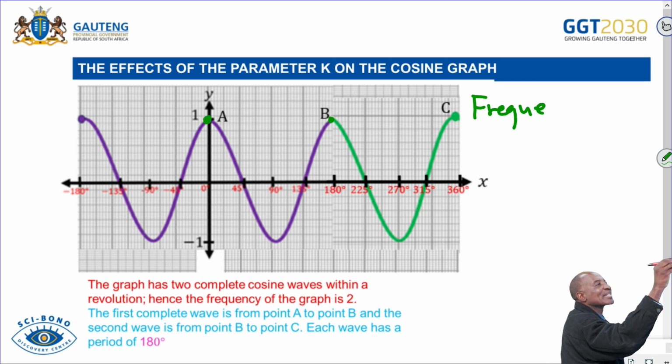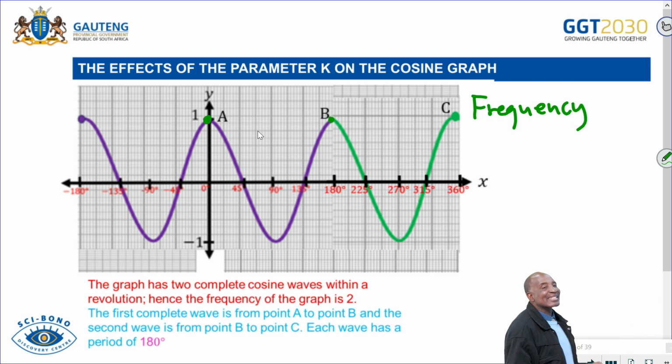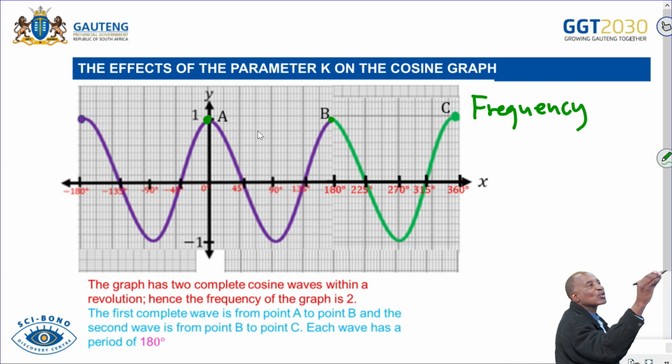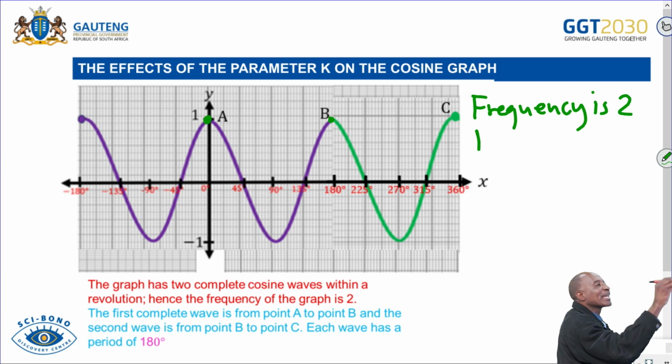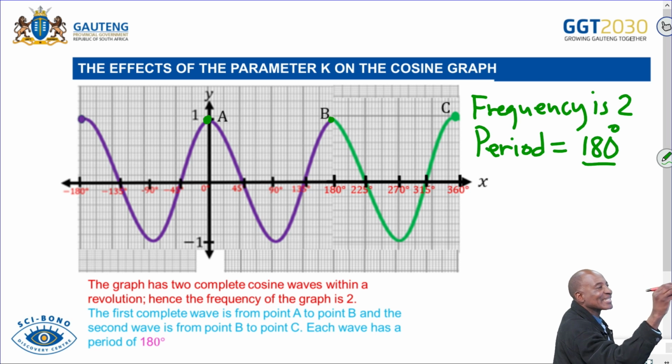That's our frequency. When we say frequency, we are saying how many times do we see the same complete cycle showing up. It will show up twice. Frequency is 2. Then the period, each cycle has a period of 180 degrees.